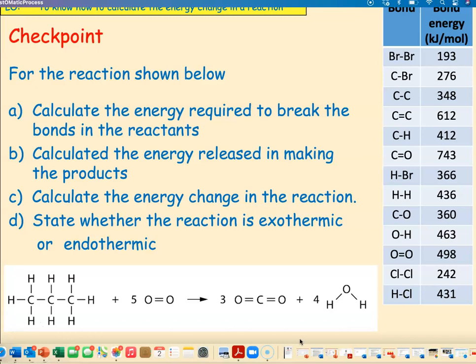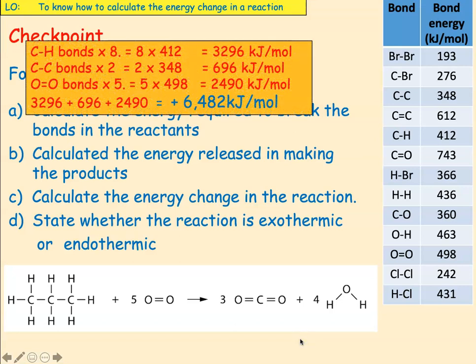Okay, calculate the energy required to break the bonds in the reactants. Well, we've got a lot of bonds, so it is 8 times the C-H bonds. So 8 times 412 gives us 3,296 kilojoules. We have got 2 C-C bonds, carbon to carbon bonds.